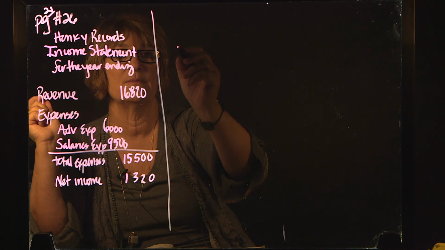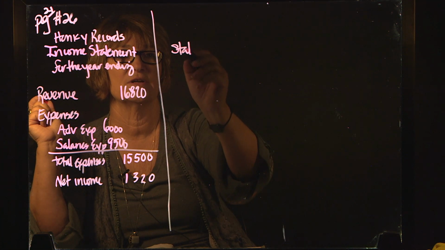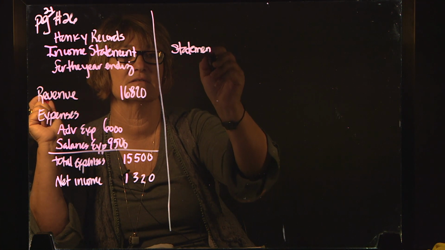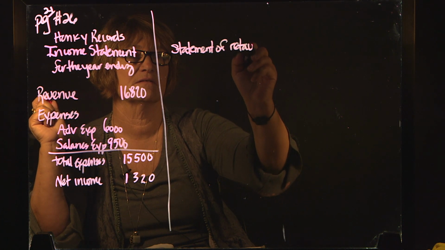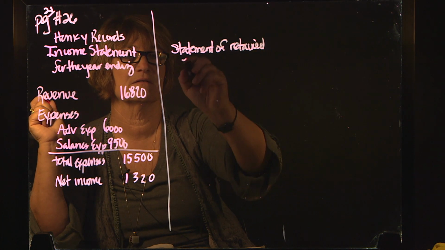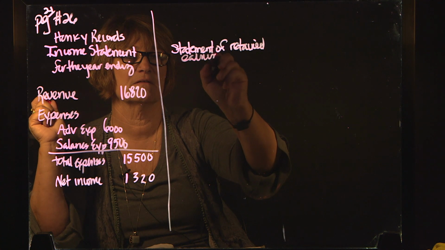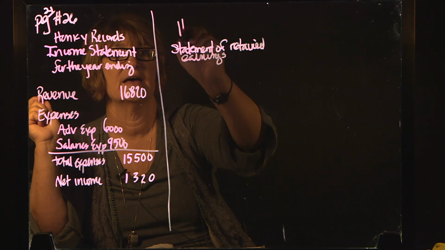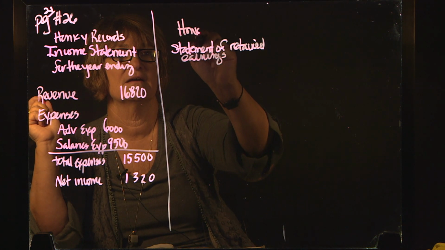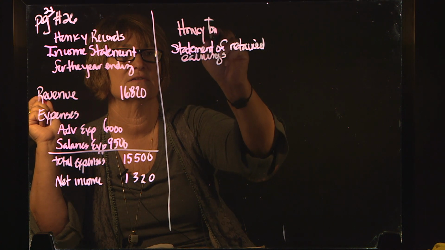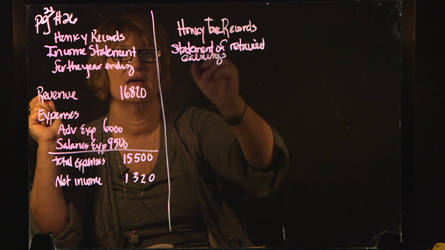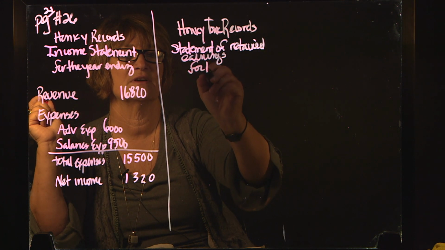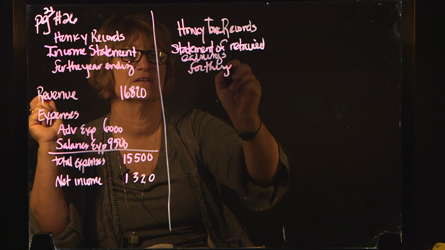The second statement that we make is the statement of retained earnings. Again, Honky Tonk Records. Also for the year ending, whatever the year ending is.